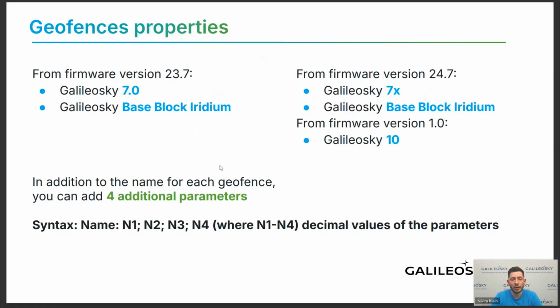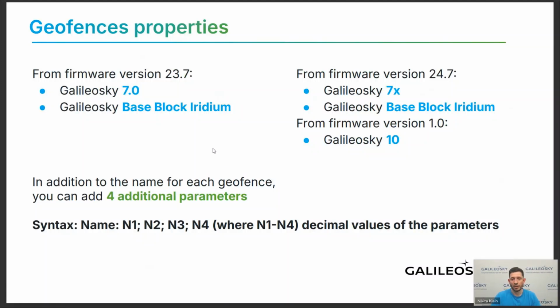Then, starting from firmware 23.7 for Galileosky 7 for base block Iridium, starting from firmware 24.7 for 7X devices, and starting from firmware 1 for Galileosky 10 devices, our developers added the killer feature of our devices.